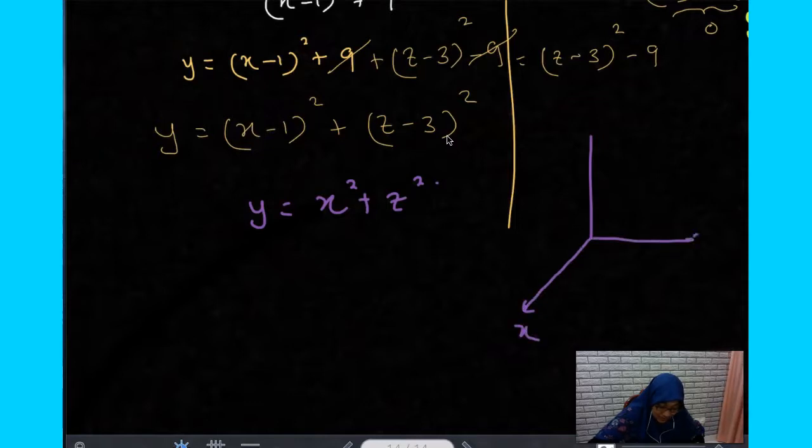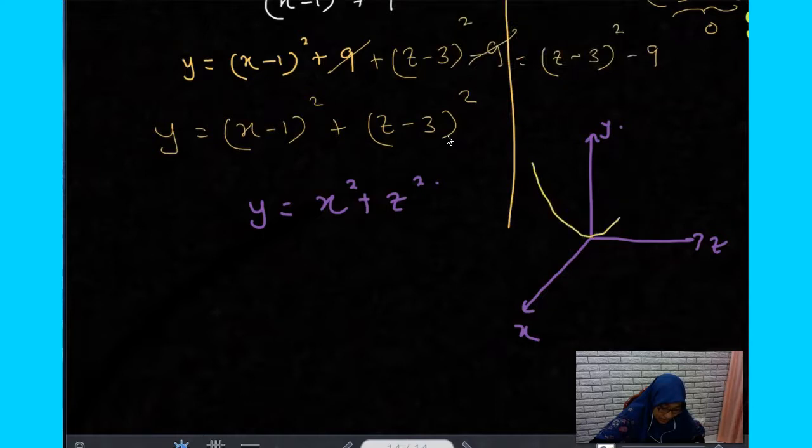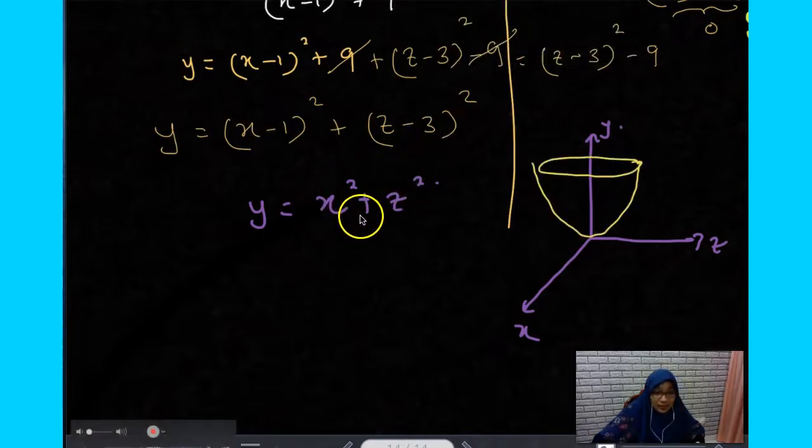This is x, this is z, and this is y. So your bowl is concave up along y. So this is your ball if you have this particular form, where your symmetrical line is along the y-axis and you have the origin here as your minimum value.